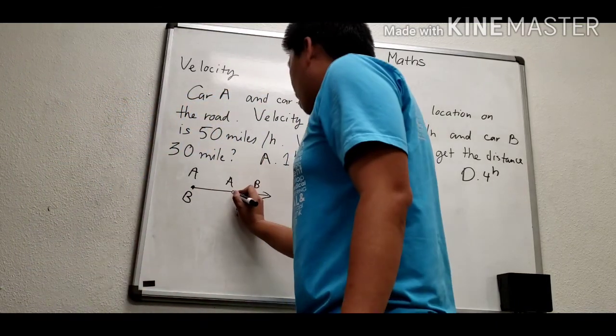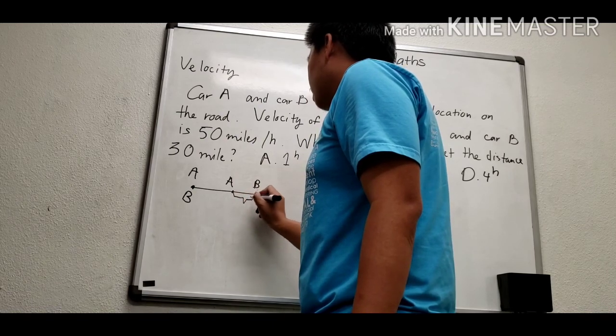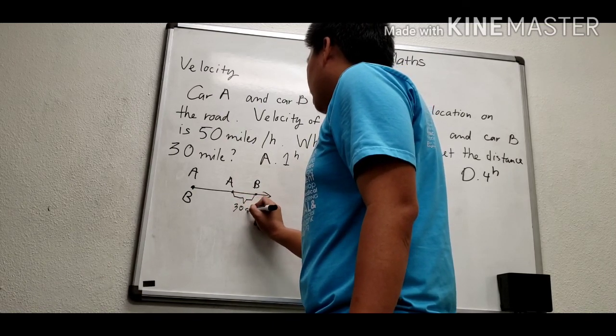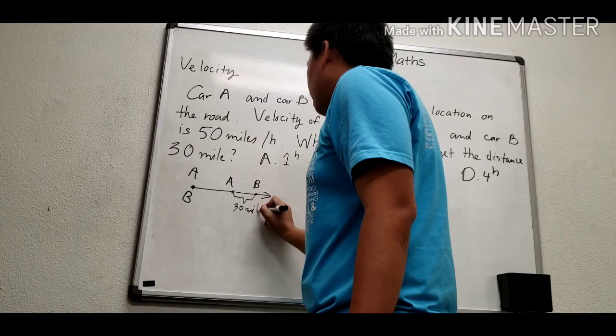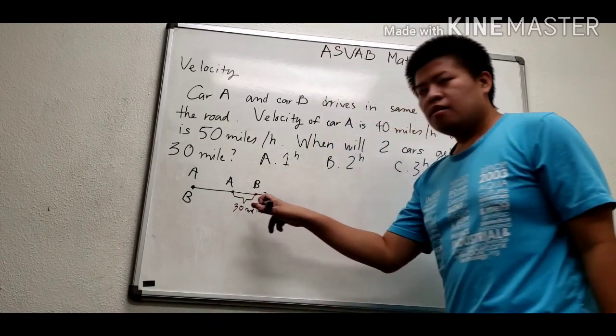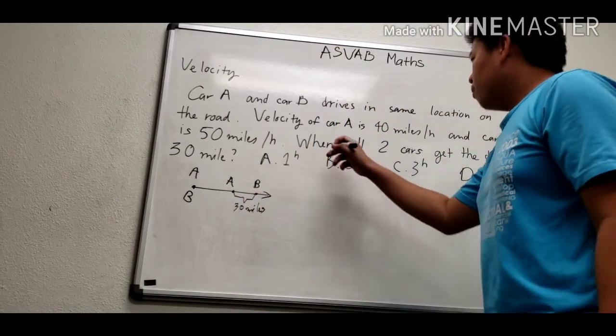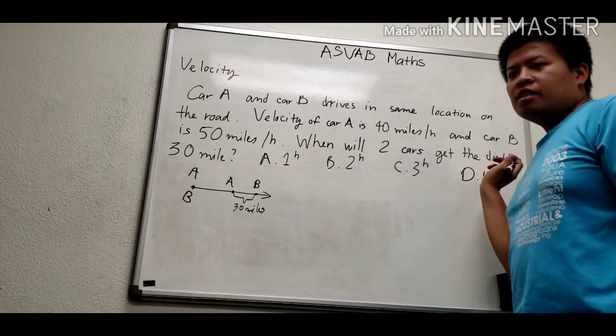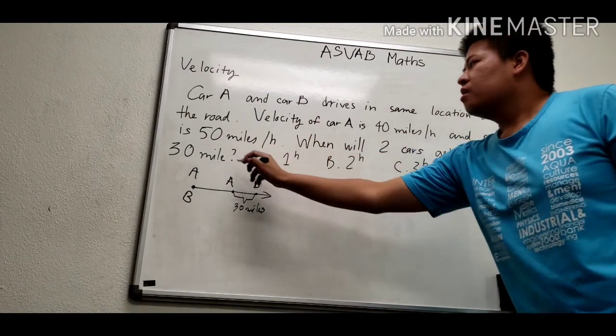So we need to find the distance here. It's about 30 miles. So the question: when will two cars get a distance of 30 miles?